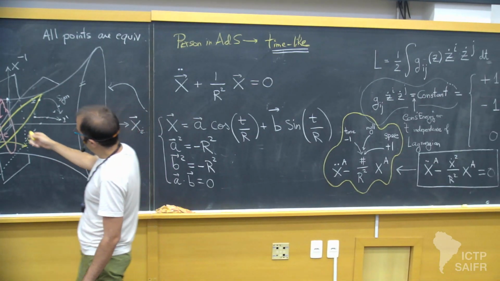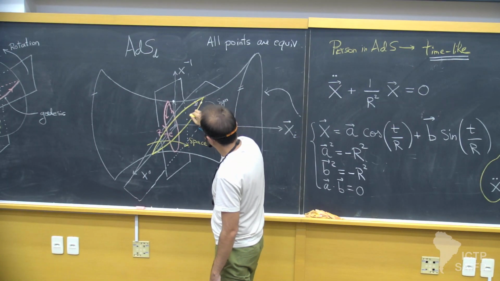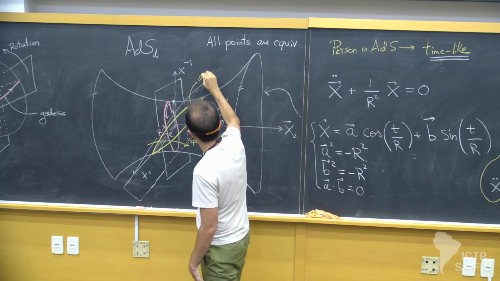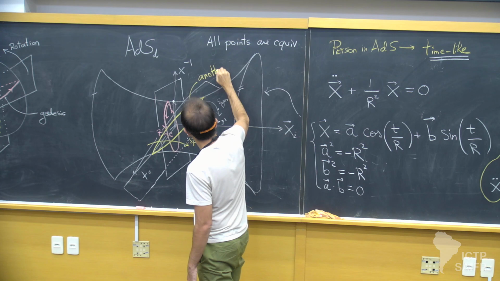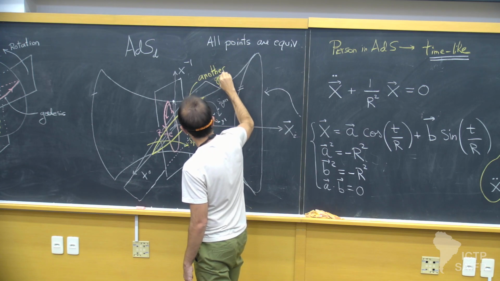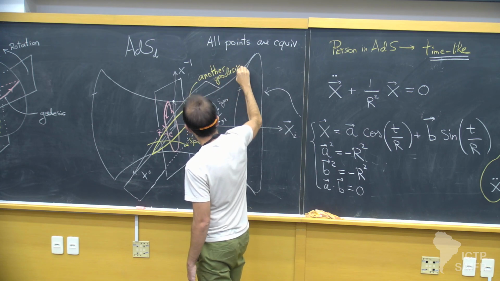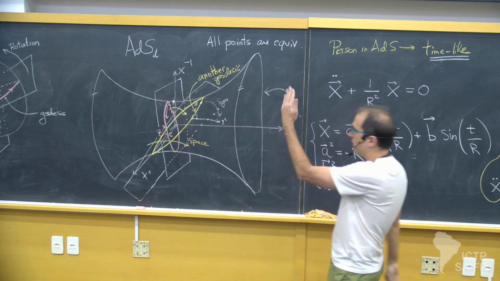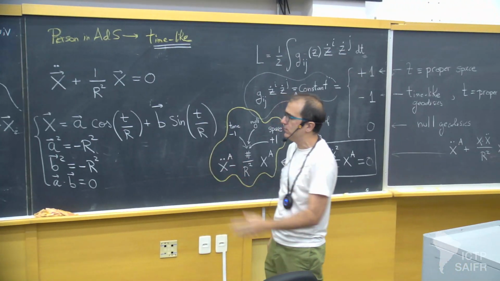And these two would be related by a boost. So this observer that goes around like this is another geodesic. And the two would be related by an analog of a rotation that in this case mixes time and space. It's what we call a boost.